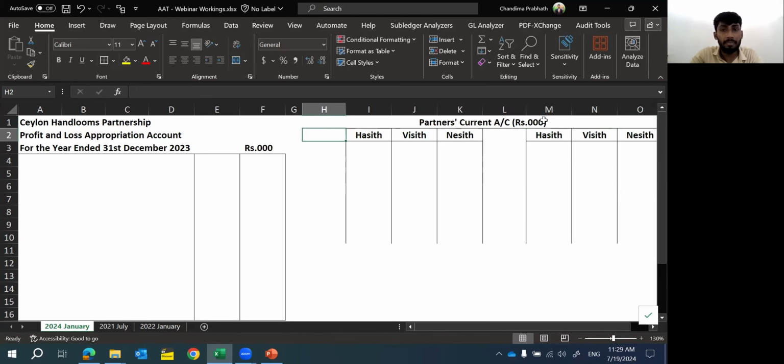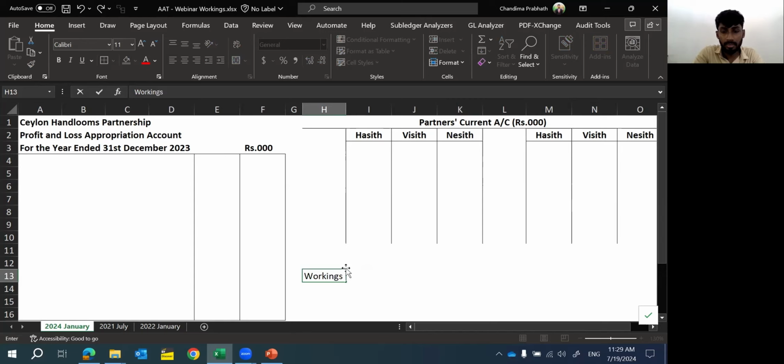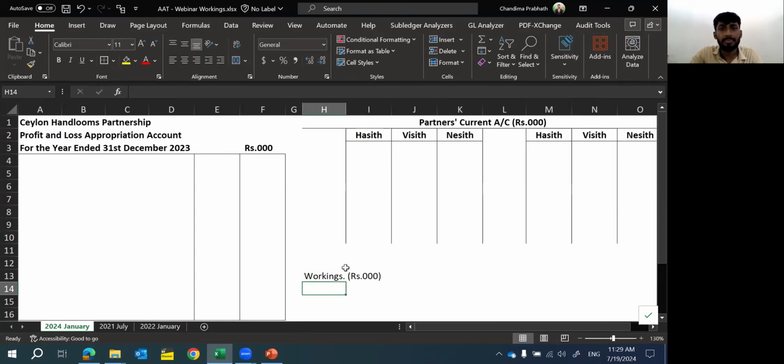If you are doing any workings, you also need to mention that the workings are in rupees 1,000. At the examination, showing the workings will benefit you, my dear students.